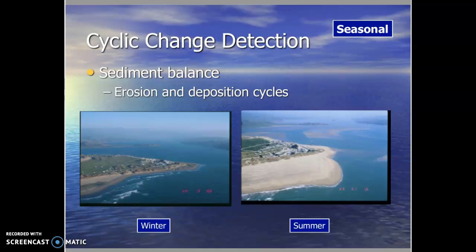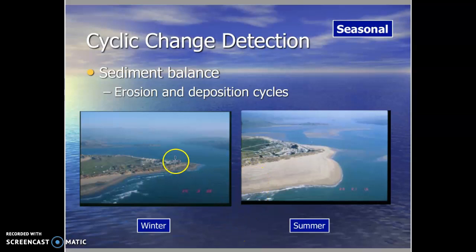But unless you look at it over several seasonal cycles, you might not realize that this is normal, that this happens every winter. Every winter, wave energy gets much stronger and it erodes the sand off the beach, and then every summer it returns it and deposits it. And so this is a sediment balance erosion deposition cycle that happens in a cyclic way.